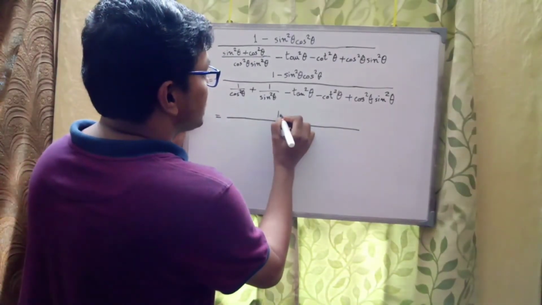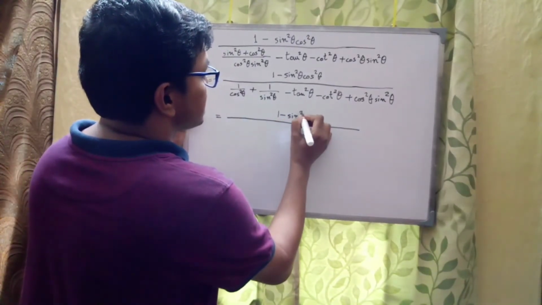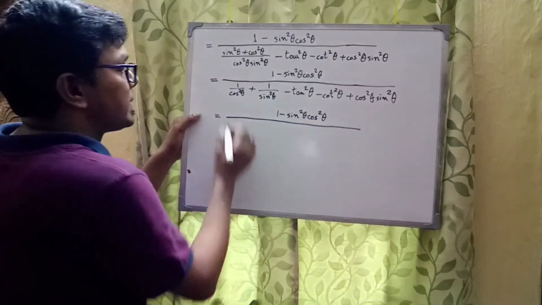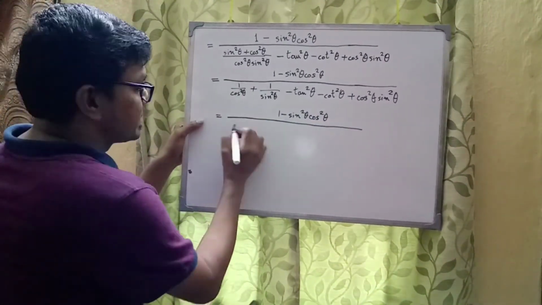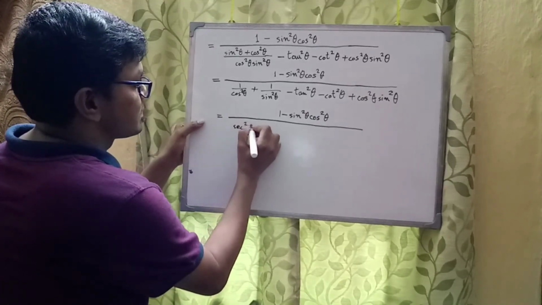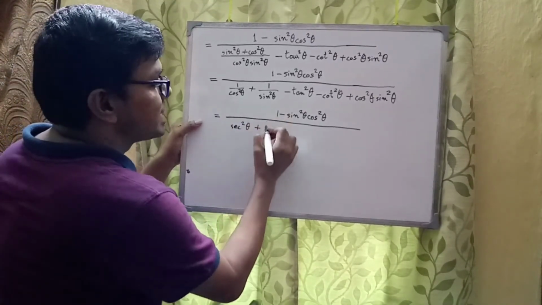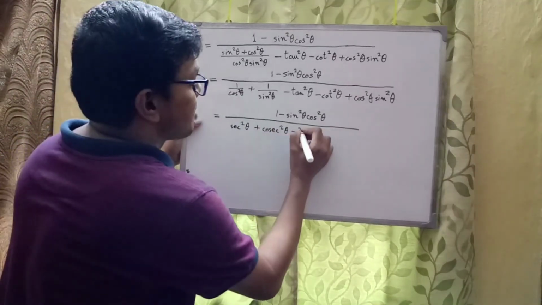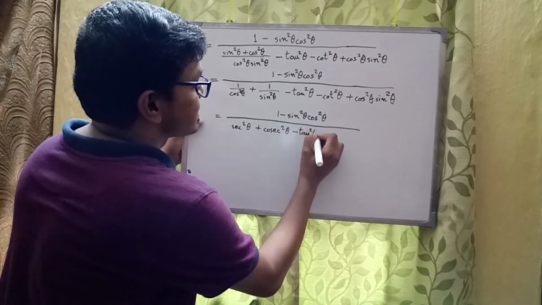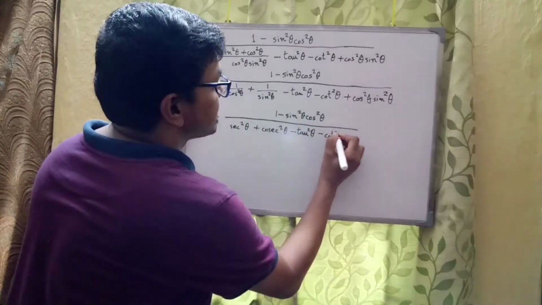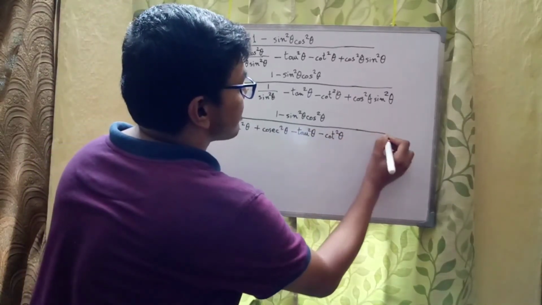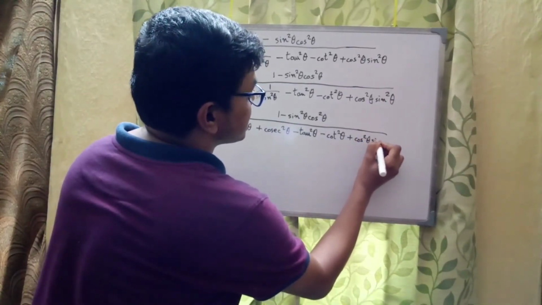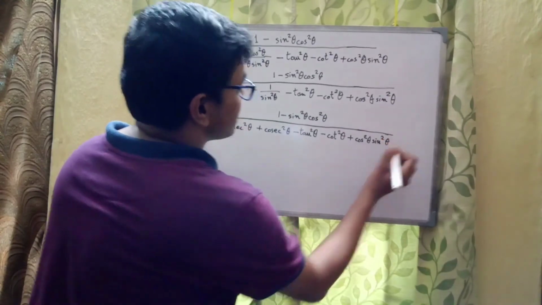So let's keep the numerator like this. Now 1 by cos square theta is sec square theta, plus 1 by sin square theta is cosec square theta, minus tan square theta minus cot square theta plus cos square theta sin square theta, right?